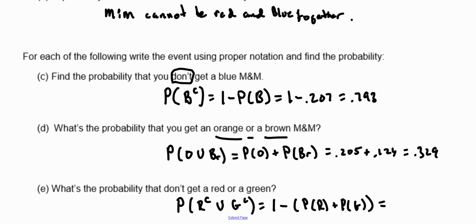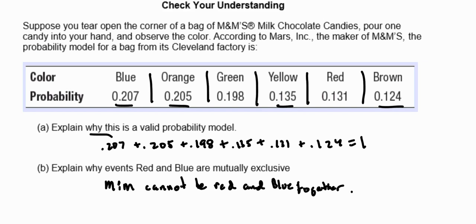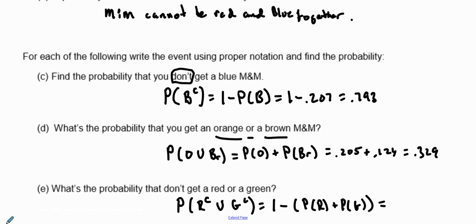And so that's what we can do right here. So if we had 0.198 and 0.131, these two together, subtract that from 1, you would get a probability of 0.671. And that is what we know there.